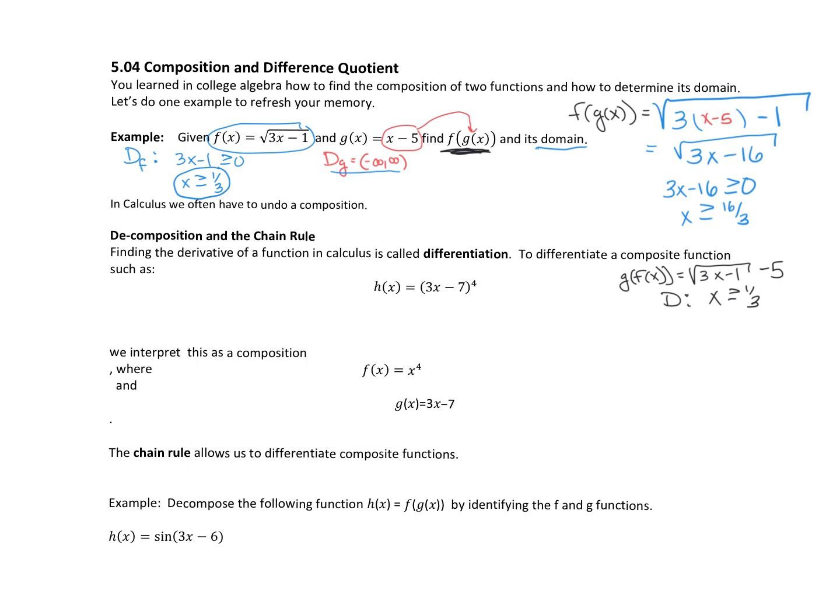And we want to interpret this as a composition, f of g of x, where f of x is the outside function, something to the 4th, and our g of x is that inside function, 3x minus 7. If I can identify the two different functions, then when we get to finding the derivative, which is a calculus technique, we can find the derivative using what we call the chain rule.